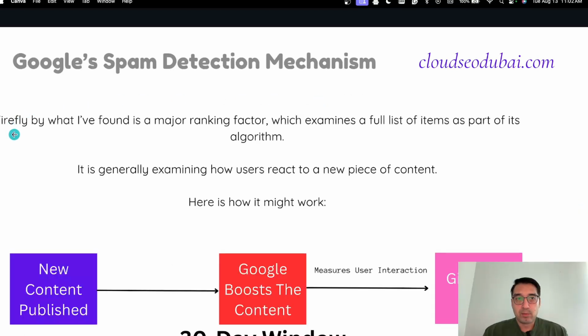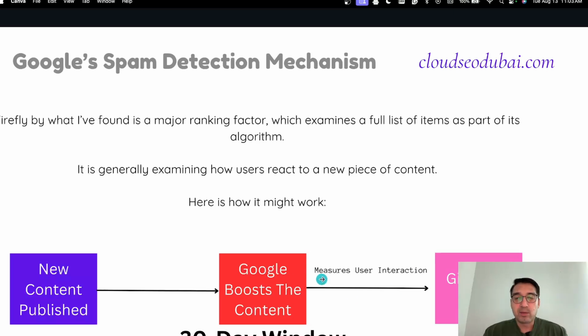And Firefly, by what I found, is a major ranking factor, something I've mentioned earlier, and it generally examines how users interact with a piece of content. So when you produce a new piece of content, it's boosted by Google artificially for a period of, let's say, 30 days. It's between 25 and 30 days is what our testing shows.